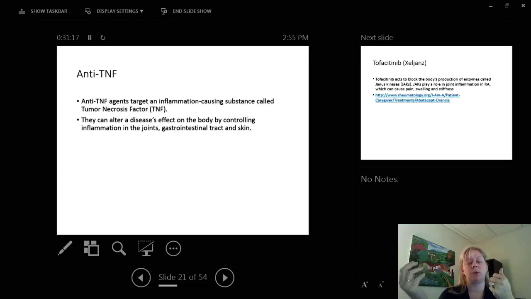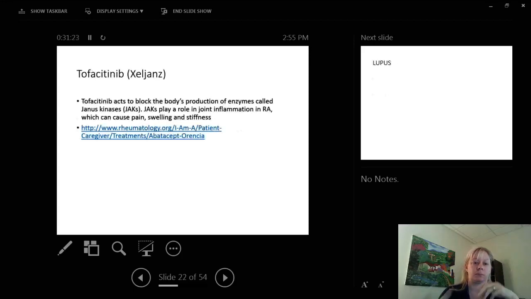So sometimes you'll see people with Crohn's disease on some of these medications. Xeljanz also blocks the body's production of enzymes called Janus kinases, or JAKs. They play a role in joint inflammation in rheumatoid arthritis, which can cause pain, swelling, and stiffness.